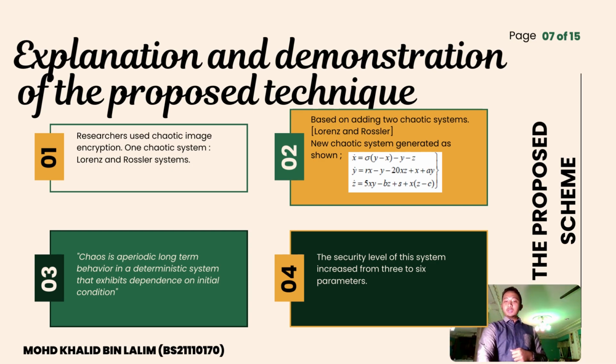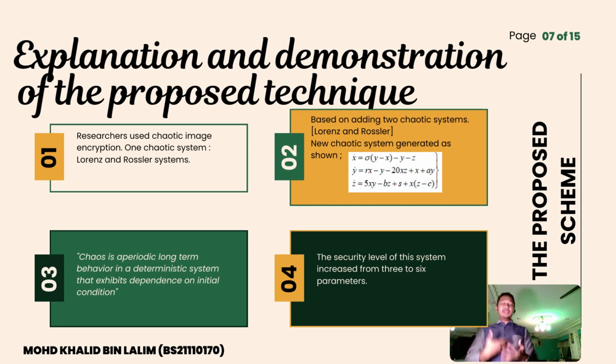This system depends on one chaotic system, and the proposed one is based on adding two chaotic systems, the Lorenz and Rossler. So the new chaotic system is generated as shown in equation number 2.